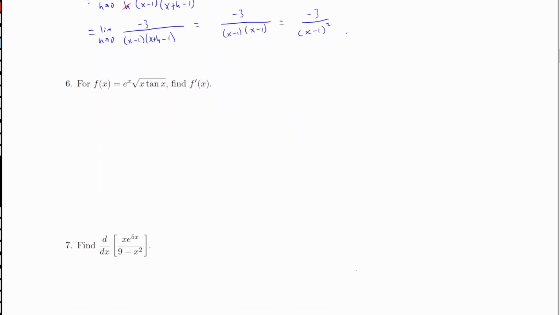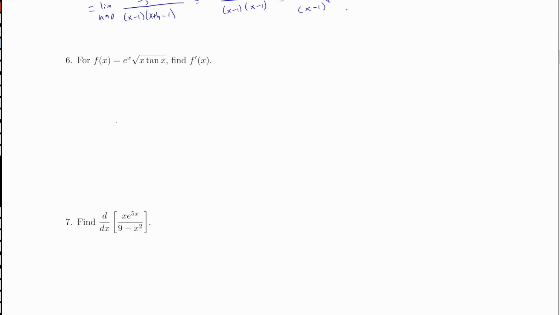Okay, problem 6, let's do some derivatives. For f of x equals e to the x times the square root of x times tangent x, find the derivative. I'm going to start by rewriting this problem where the root is instead written as a half power. Okay, and I can see that I have a product of two functions.